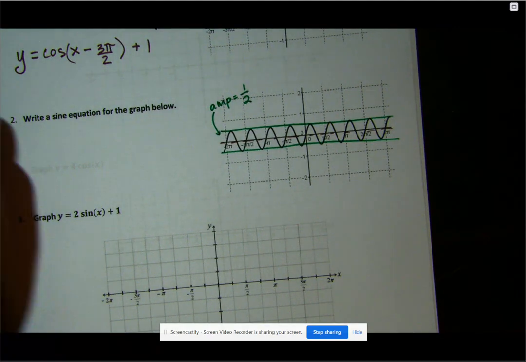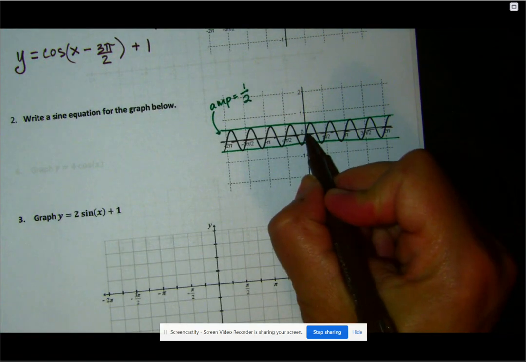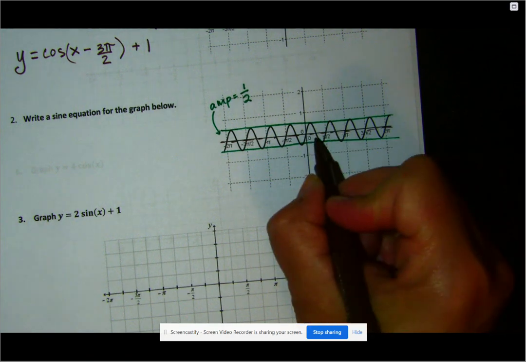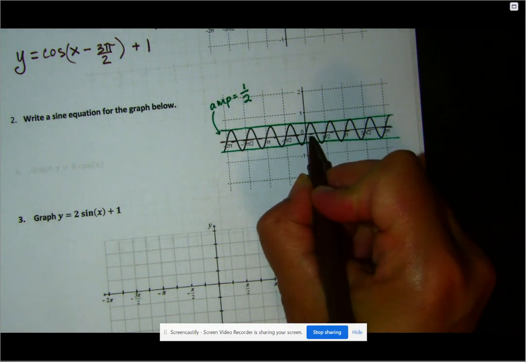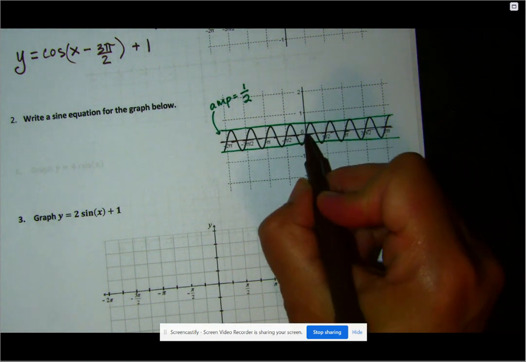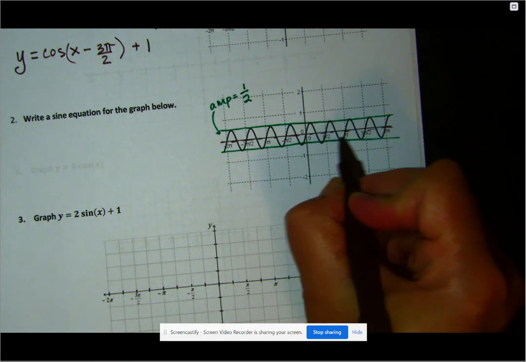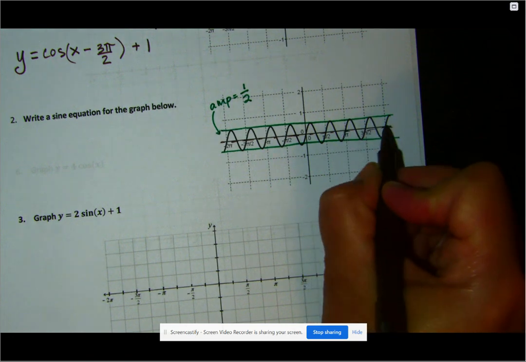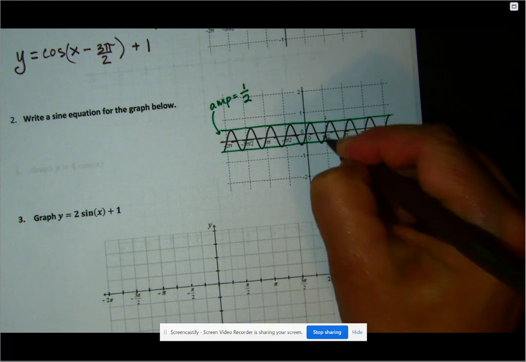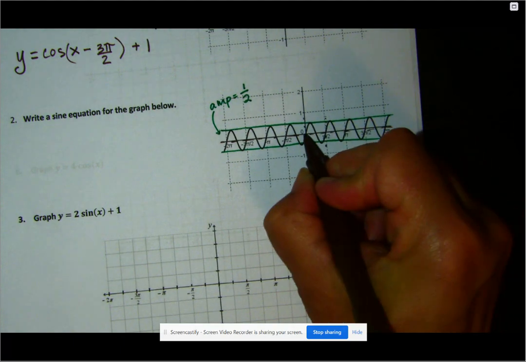The sine graph, the parent function, starts at 0, 0, and then goes up. So this did not shift, it does not have a phase shift. But the frequency typically will make one full cycle between 0 and 2 pi. And it looks like here that it makes 1, 2, 3, 4. You can also look at the period: one cycle is from 0 to pi halves.